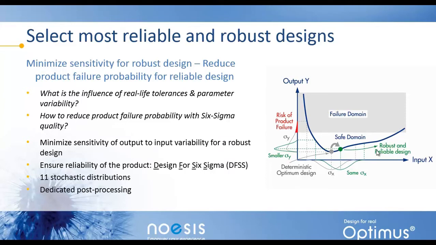What Optimus is going to do is find the best result as it did in the previous example, but now it's going to look at the variation that results from the variability of your inputs. In this case, some of the results fall into a failure zone, and so you have a reliability issue. What Optimus then does is automatically find a new optimum, which may not be quite as good as the previous, deterministic one, but one which ensures reliability. All the results are going to fall into the safe zone. And you also get a tighter range of results, which results in a more robust design.